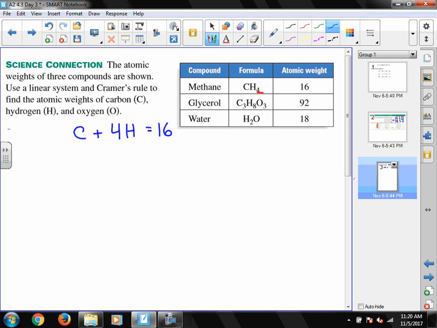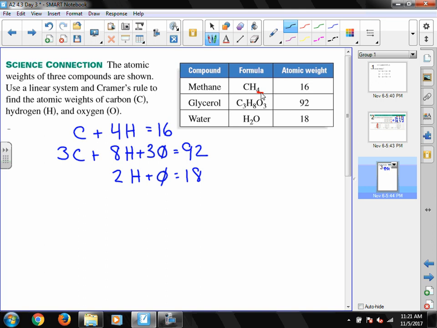Glycerol, using my subscripts again, I've got 3 carbons plus 8 hydrogens plus 3 oxygens. I'm going to cross my O's just so I don't get those confused with zeros. That would be a terrible mistake for us to make. And the weight of that has to be 92. And water, everybody knows, 2 hydrogens plus 1 oxygen, and the atomic weight of that is 18.